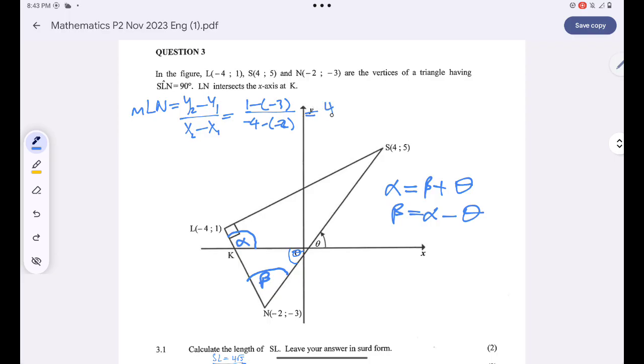At the top I'll have 4, at the bottom I'll have negative 4 plus 2, I'll have negative 2. Excuse me, so my gradient is simply negative 2, right? I can find the angle of alpha.